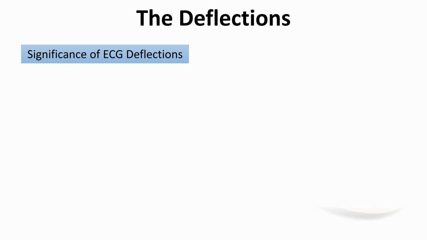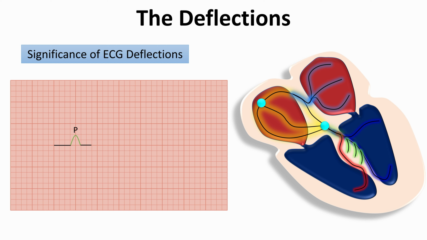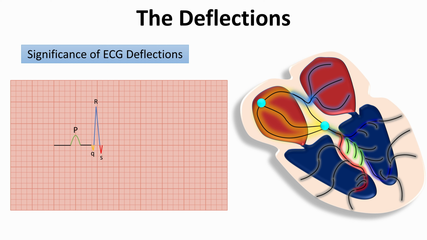So what is the significance of ECG deflections? First, we have the P wave. It's produced by atrial depolarization. Second, we have the QRS complex, which is produced by ventricular depolarization, and it consists of three waves. The first, Q wave, is the first negative deflection before the R wave.